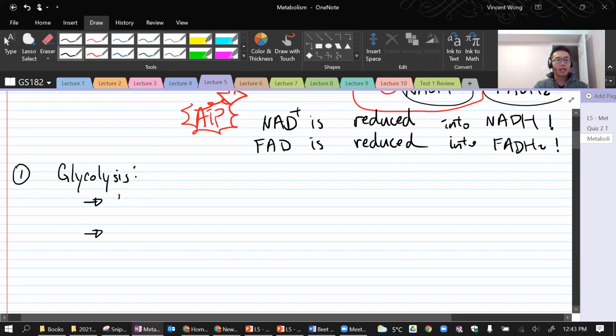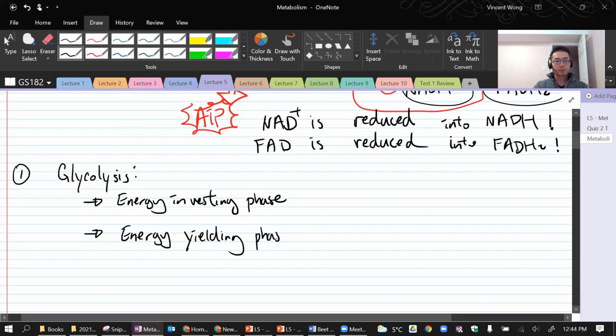We have the energy investing phase, and then we have the energy yielding phase. In the energy investing phase, you actually have to use 2 ATPs to energize the glucose.